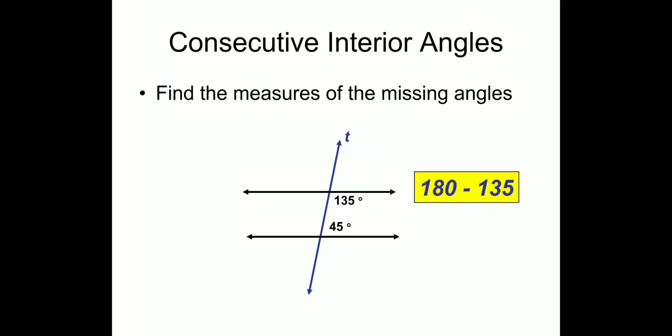In consecutive interior angles, the sum is equal to 180 degrees. So if only one number is given, you should do 180 minus the given number. Here it is given 135, so 180 minus 135 is equal to 45 degrees.